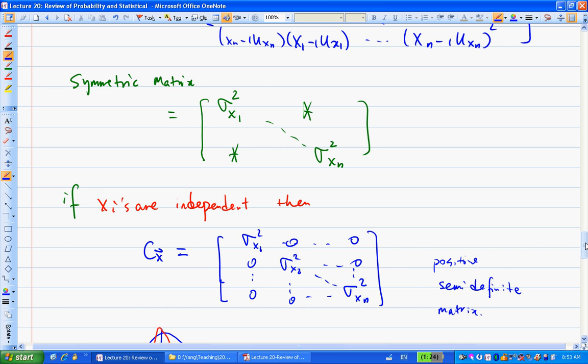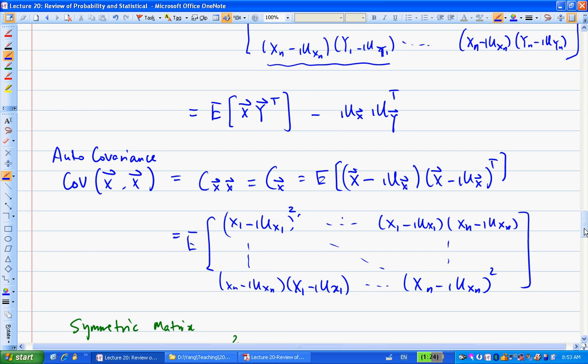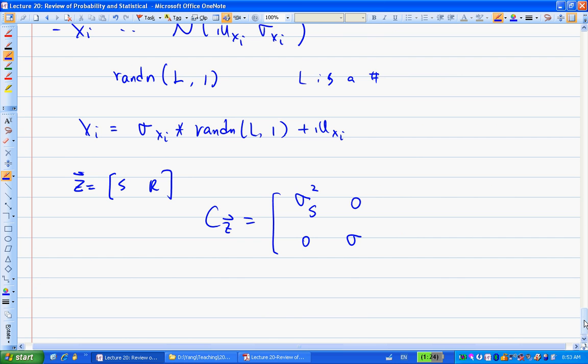But if I write it in general, it will be S minus mu S and R minus mu R. So technically, in general it shouldn't be 0 here, but in this case, because we use RNDA, S and R are independent. So we should get a 0 and a 0 here, and the variance of S and the variance of R on the diagonal. That's technically what we should get.